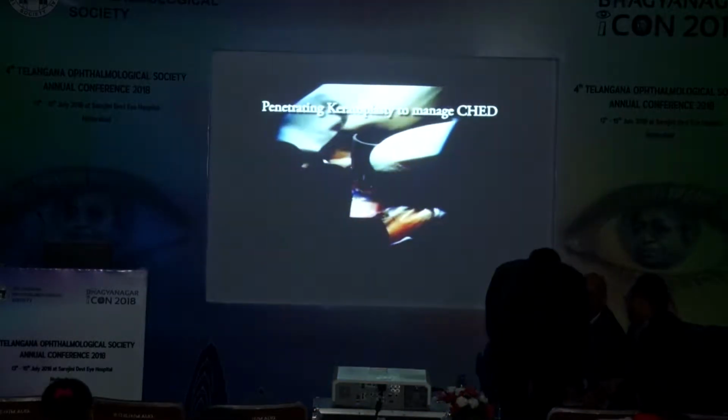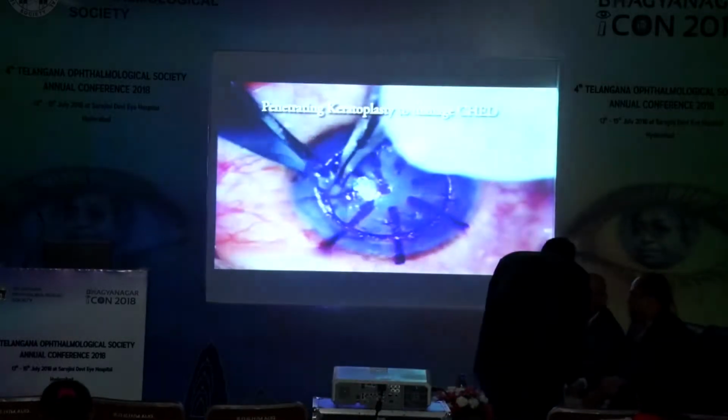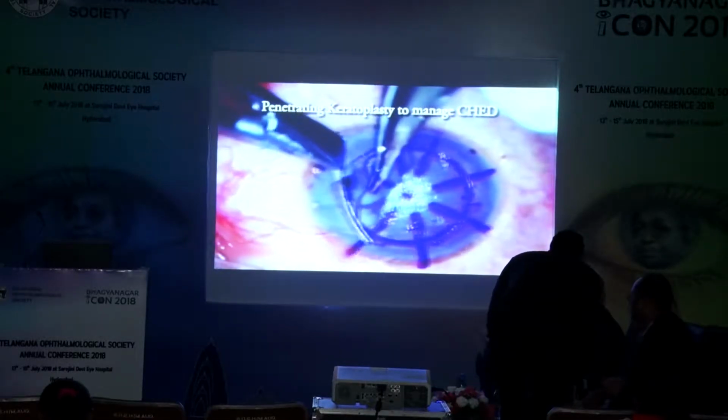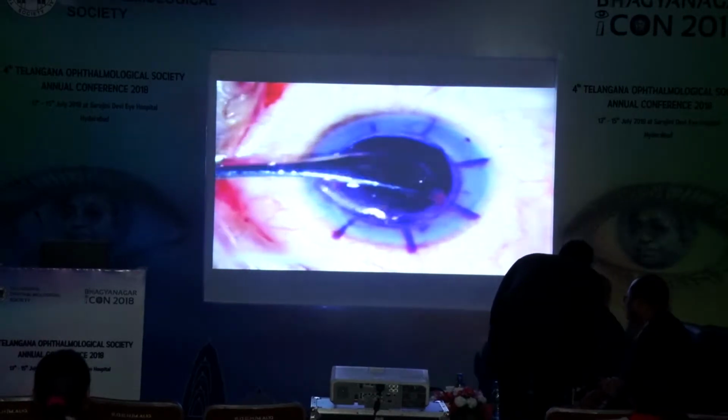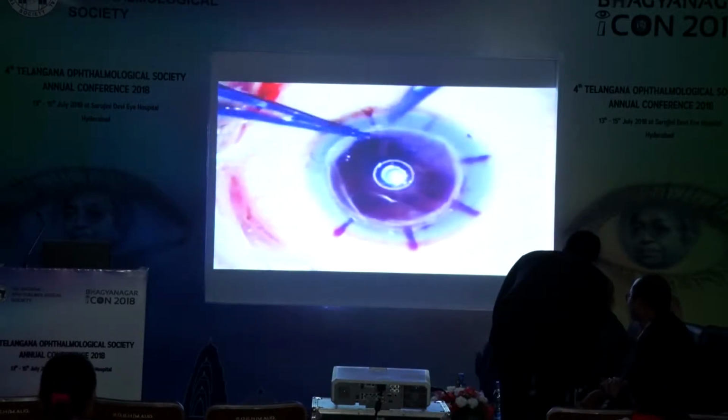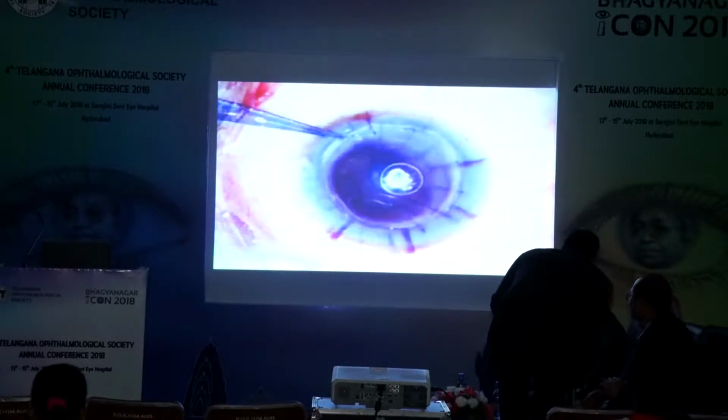Conventionally, CHED has been managed with reasonable success by performing penetrating keratoplasty. The published literature and our own experience have shown very good long-term anatomical success after penetrating keratoplasty.